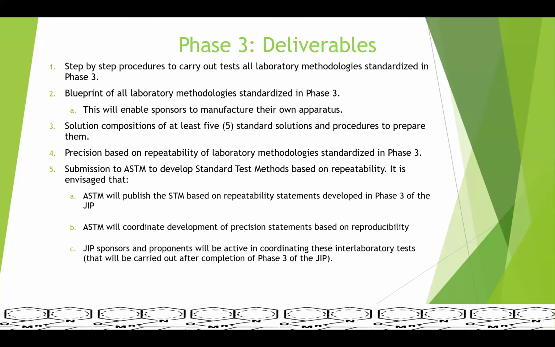Within ASTM, they have got a 5-year time around. ASTM can publish a standard test method with the repeatability statement, provided the reproducibility statement can be developed within 5 years. So we are going to follow that route. So we will still be active within ASTM or AMPP in coordinating those inter-laboratory studies that will be carried out after the phase 3 completion.